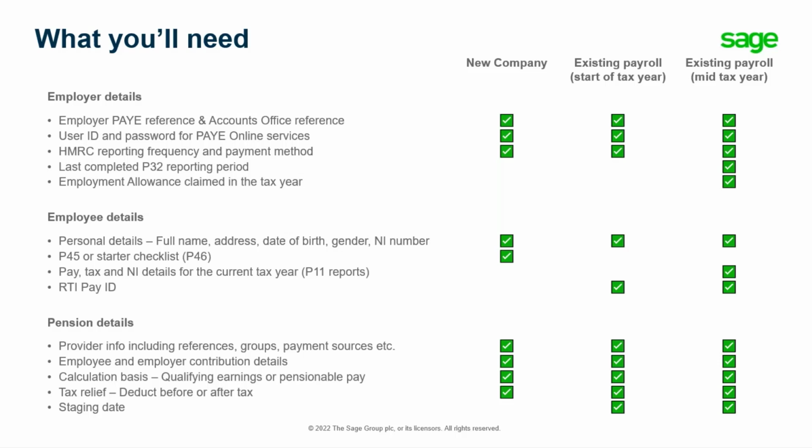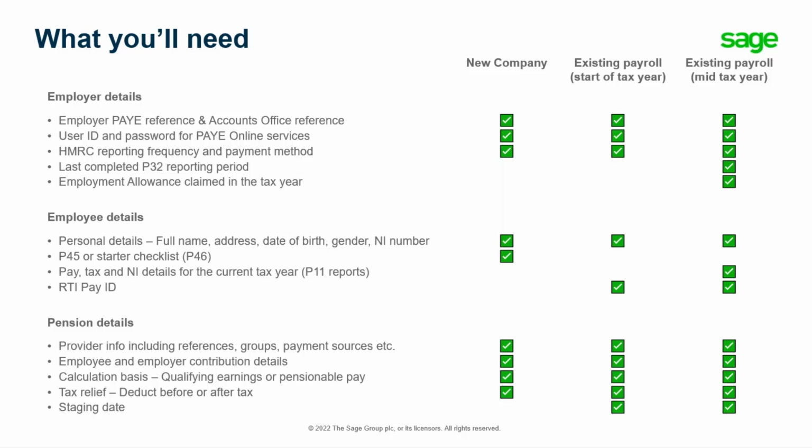You'll need the government gateway user ID and password used for PAYE online services. You'll need to know your reporting frequency to HMRC. That will be monthly or quarterly, and the method you use to pay your tax and national insurance to them. And then if you were moving over mid-tax year, you'll need to know the last P32 reporting period and any employment allowance you've claimed.